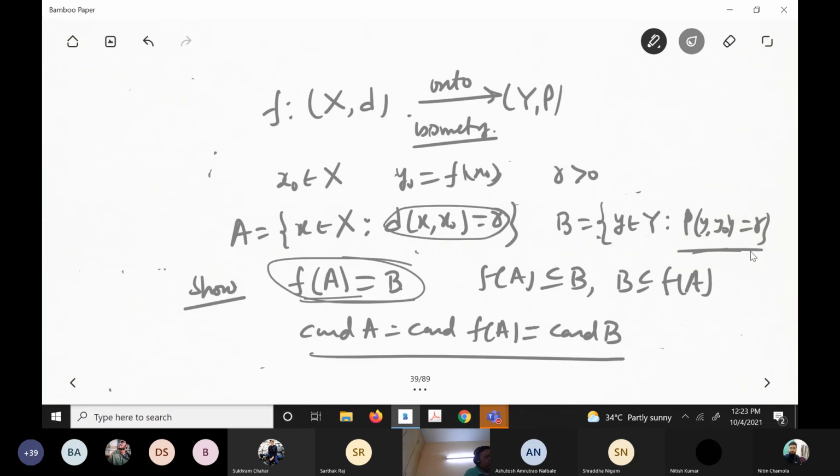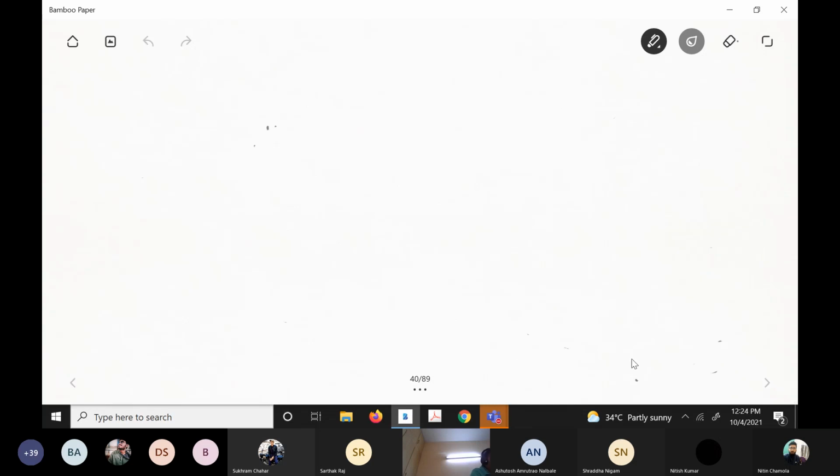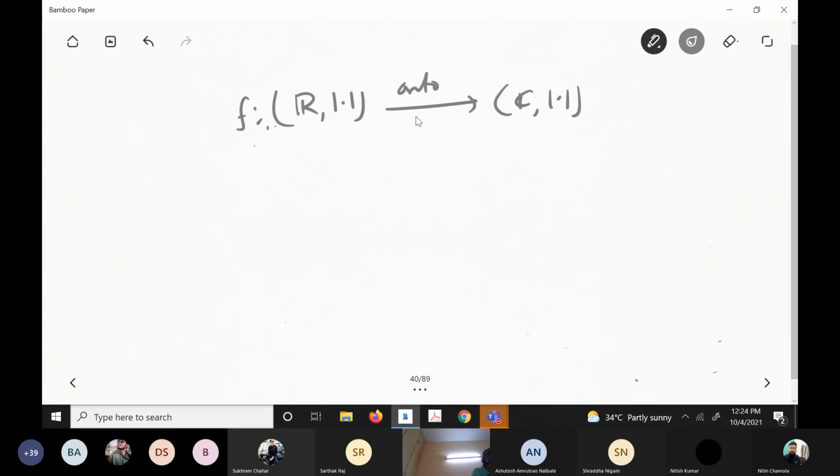I am doing some geometry. Now you can use this. Suppose you assume the complex plane, and suppose you have an onto isometry.